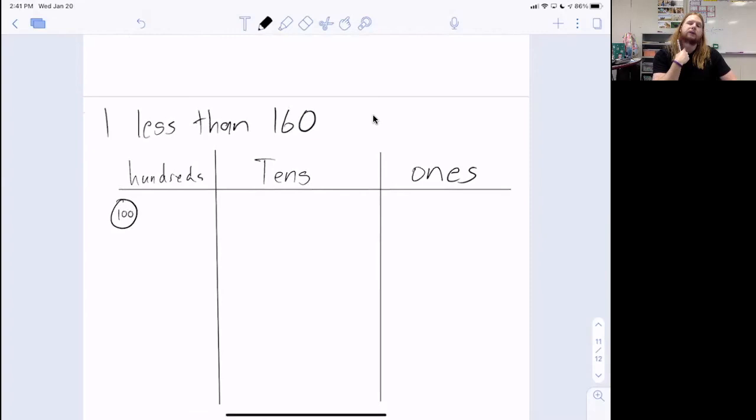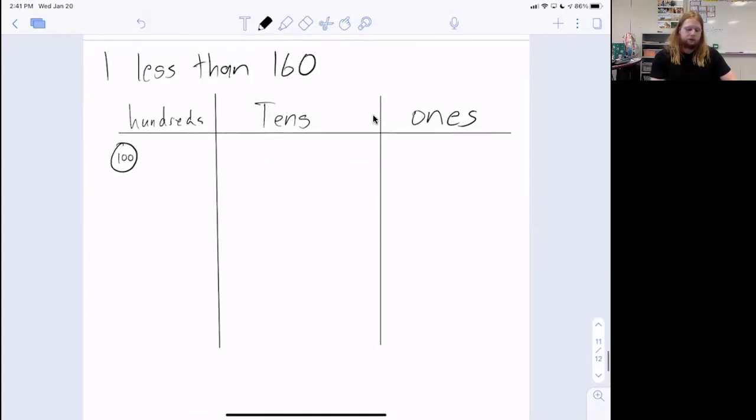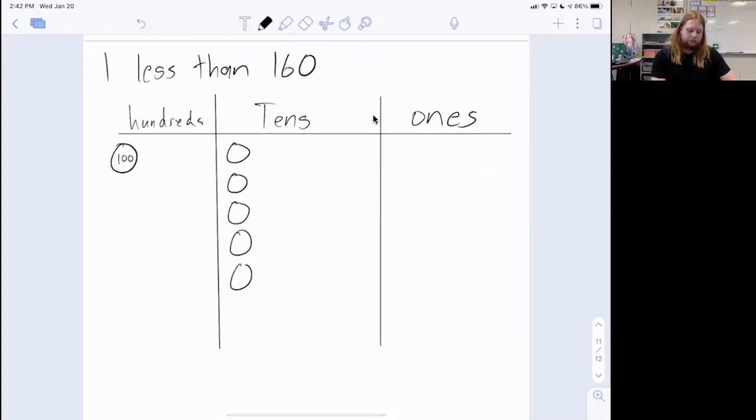How many tens do we have? Well, we have 6 because there's a 6 in the tens place. 1, 2, 3, 4, 5, 6. How many ones do we have? 0.